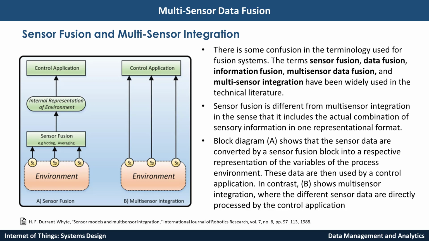The key differences between fusion and integration are like this. As you can see from the figure, when you are integrating, independent sensors collect data and feed it to the control application directly and independently. So integration happens in the control application layer.